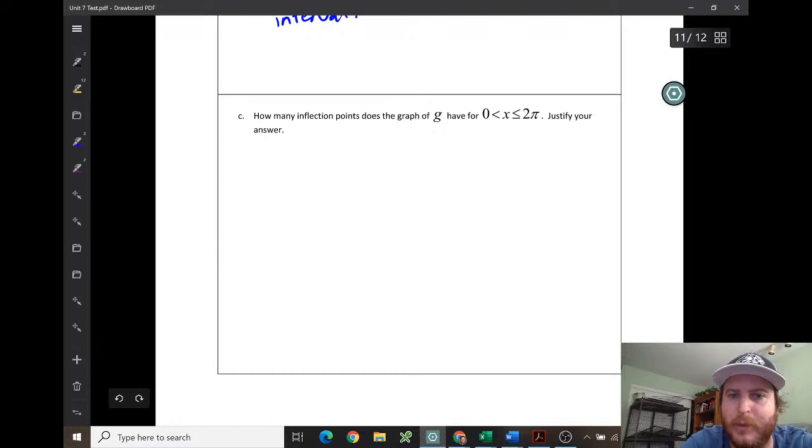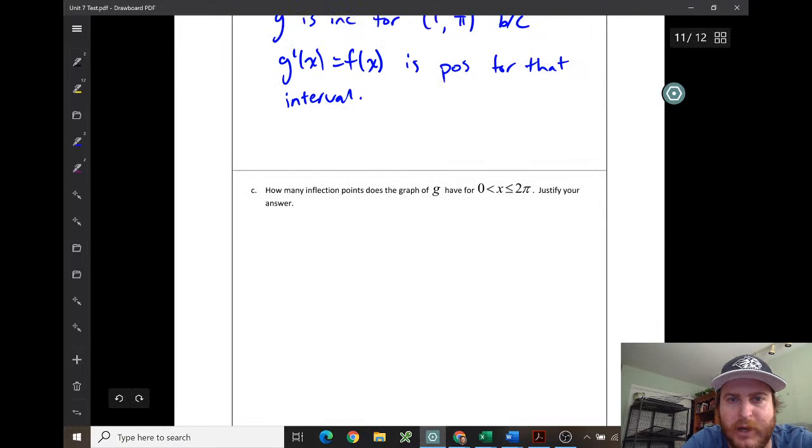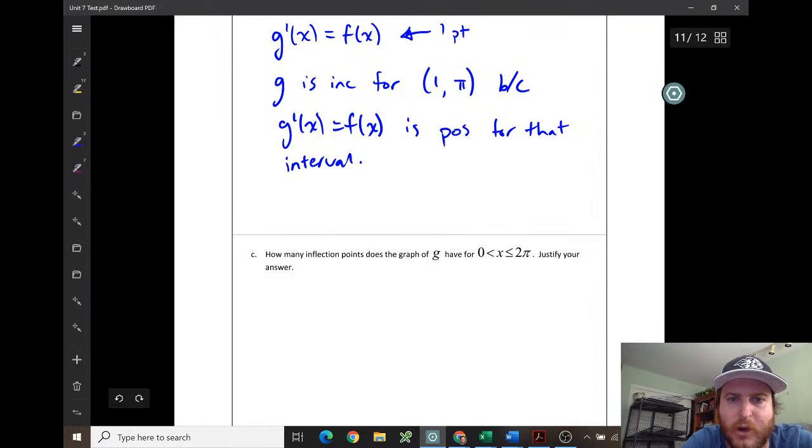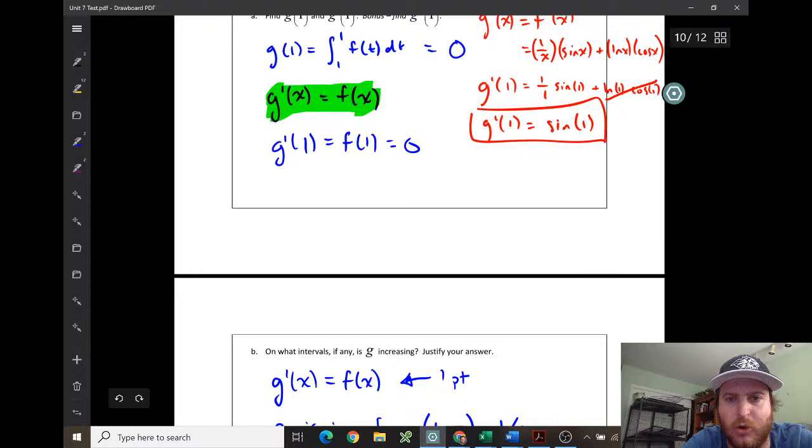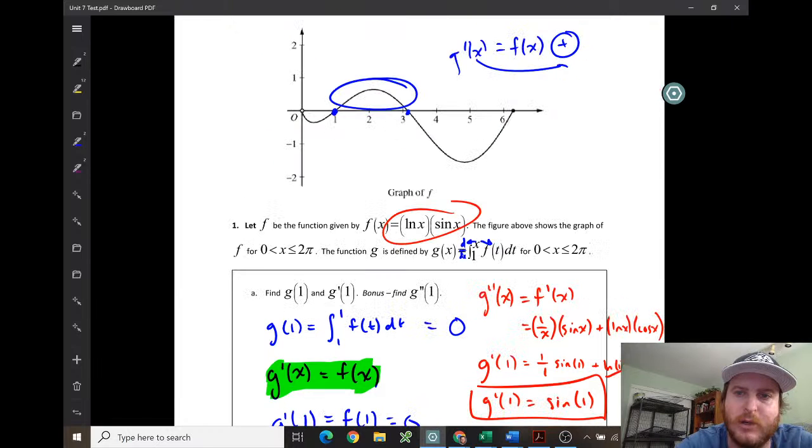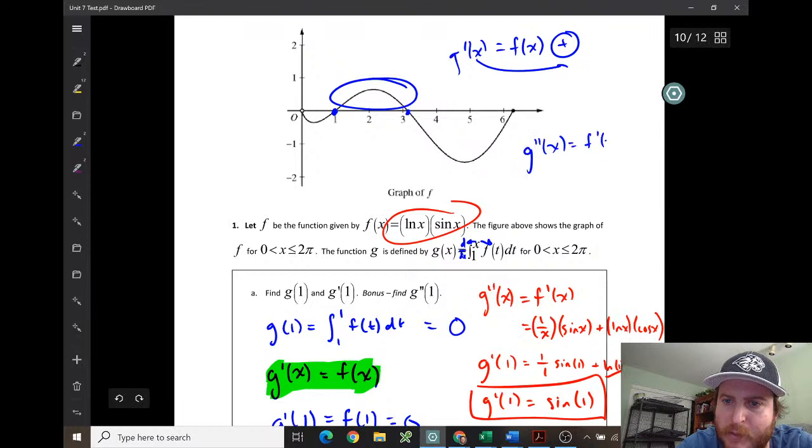And next, how many points of inflection does the graph have? I even said during this that there's no way for us to actually know what they are. So inflection points are when g prime switches between increasing and decreasing, or when g double prime changes signs. So g double prime of x here would be equal to f prime of x, right? How many times does that change signs?